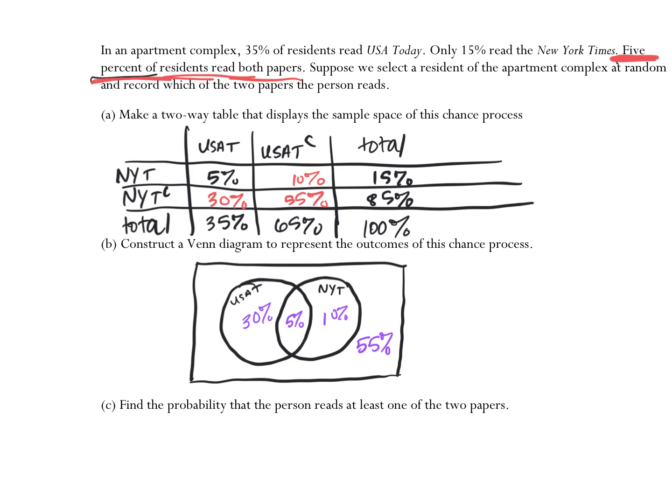Okay, so can somebody tell me what is the probability? How do we put this question into symbols? Find the probability the person reads at least one of the two papers.